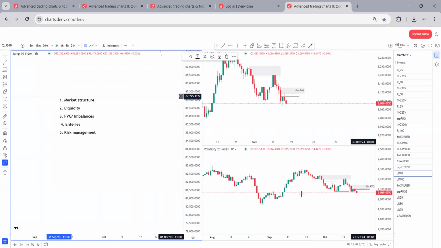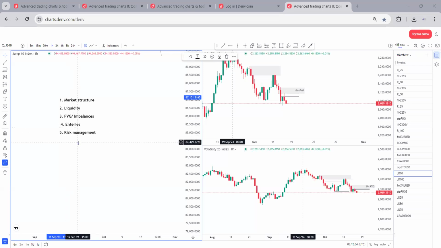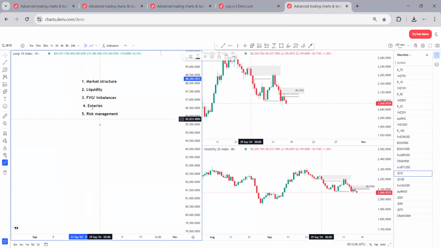All right. So if you're a beginner trader, you want to start learning trading, or you've already started and you want to master something, I would advise you or entreat you or encourage you to focus on these 5 things: market structure, your liquidity zones, fair value gaps and imbalances, your entry points, and risk / trade management.